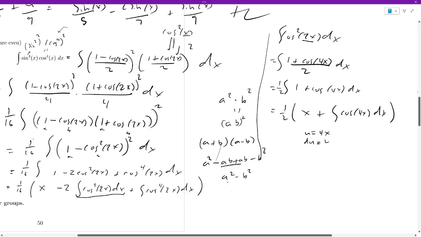If I do du, I'm going to get 4 dx, and dx is du over 4. So this little integral becomes cosine of u du over 4. I pull the 1/4 out, and then when I take the antiderivative, I'm going to get sine of u, but u was 4x.